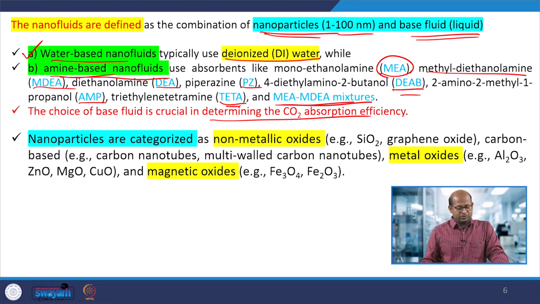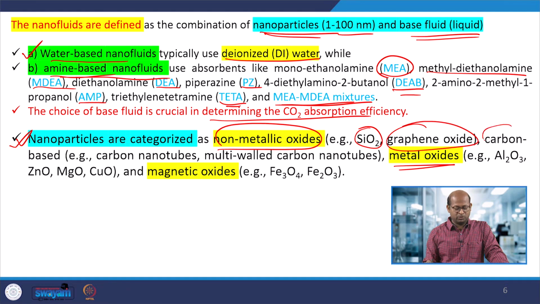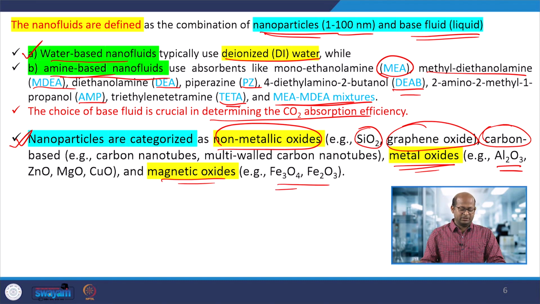We have already discussed different types of nanomaterials that we synthesized by a particular method. The nanomaterials may be metal oxide based, non-metallic oxides, graphene oxides, or carbon-based nanomaterials, carbon nanotubes, multiwalled carbon nanotubes, or magnetic nanomaterials such as ferric oxides, which can be used as nanoparticles mixed with water or amine-based fluids.